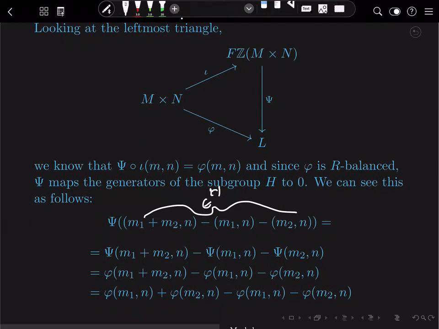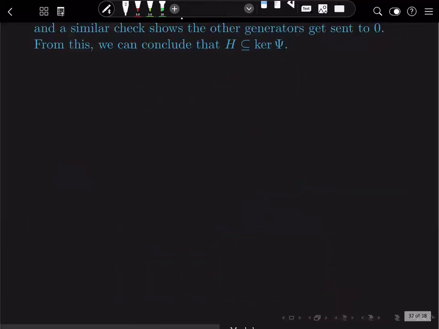When we consider L as an R module, or as a Z module, because it's an abelian group, it actually is a Z module. We can split it up, and then we rewrite it in terms of what we had above. Because phi is R-balanced, this splits up in the first factor, and that of course is equal to 0. And this holds for all of the generators of H.